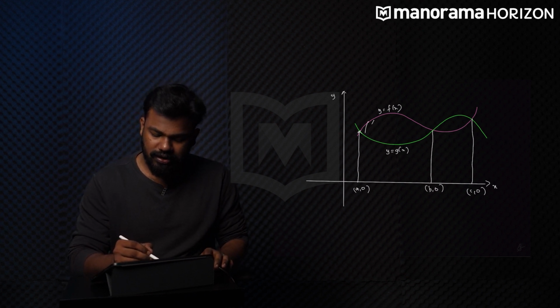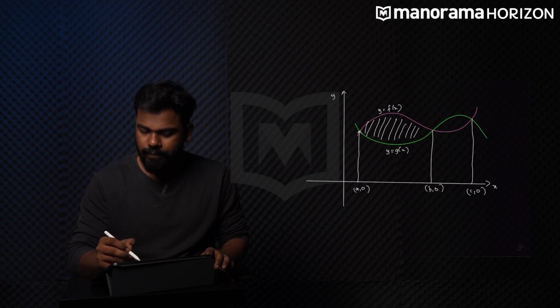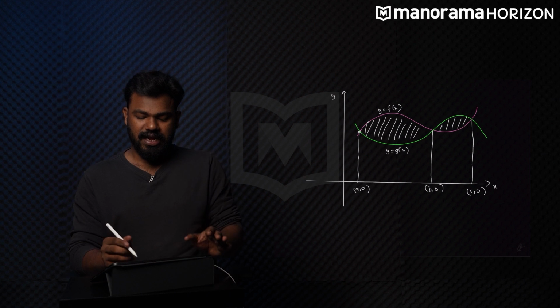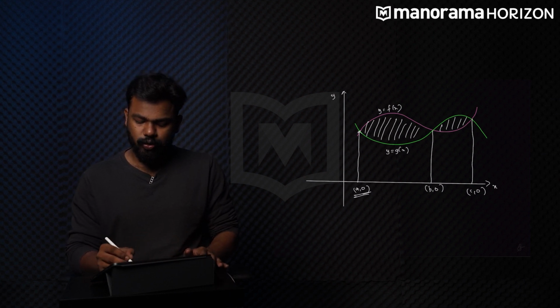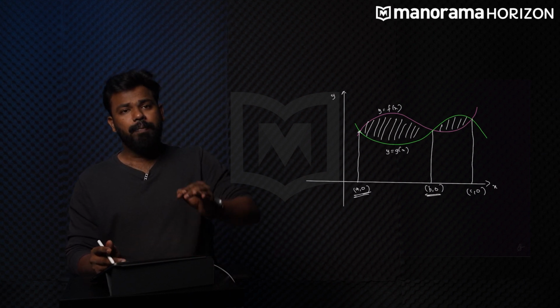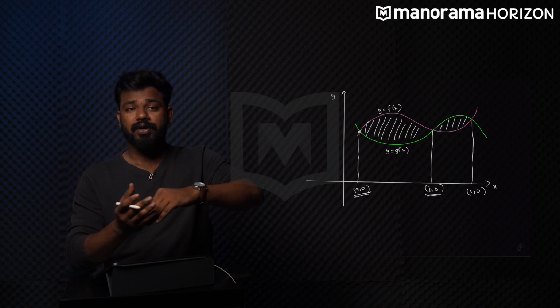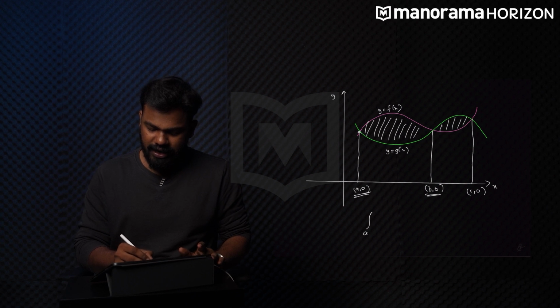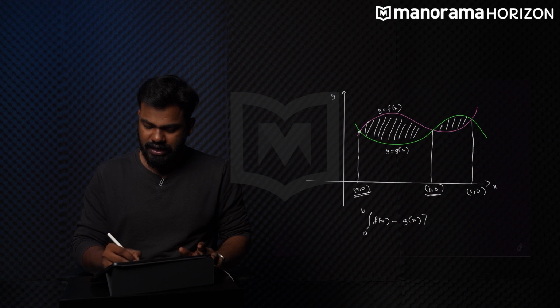That is, what is this area over here and this one? So you can see that in the first case, that is the first limit from a to b over here, the upper curve is the pink one and the lower curve is the green one, right? Yes. So to find out this area, you have to take integral a to b, the upper curve f of x minus the lower curve g of x dx.